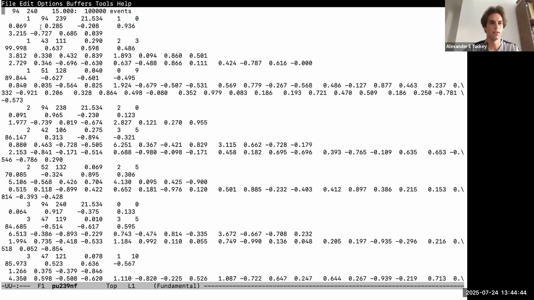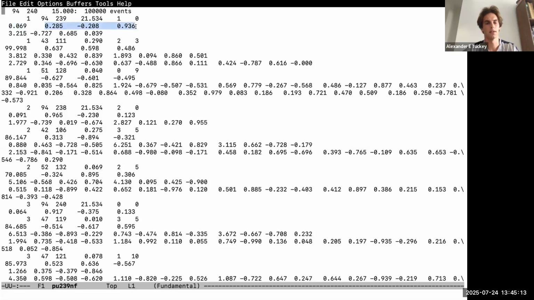So next, this line directly under the fissioning nucleus information is the energy and momentum of the fissioning nucleus. So it had an excitation energy of 0.069 MeV, excuse me, that's the kinetic energy.